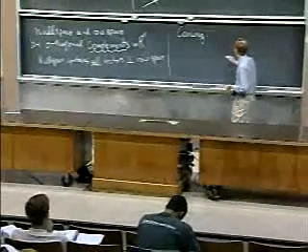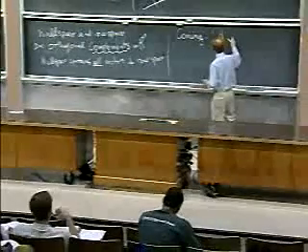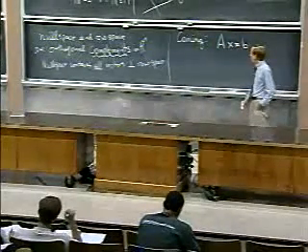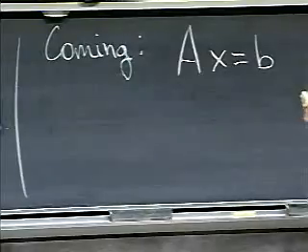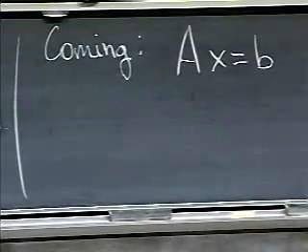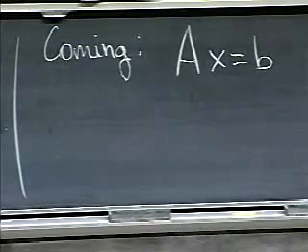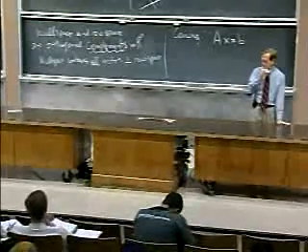This is the very last chapter that's about AX equal B. I would like to solve that system of equations when there is no solution.